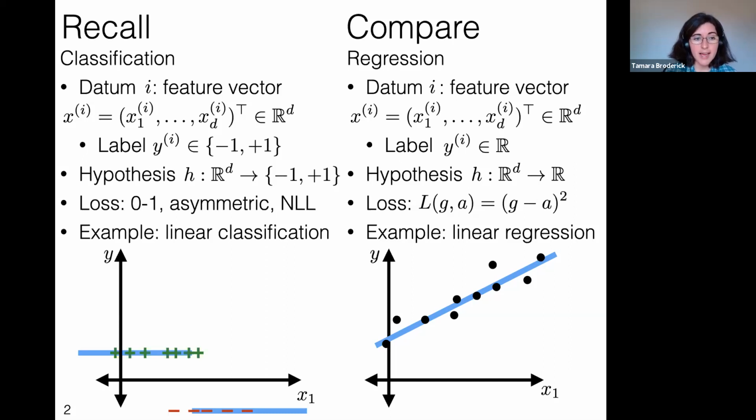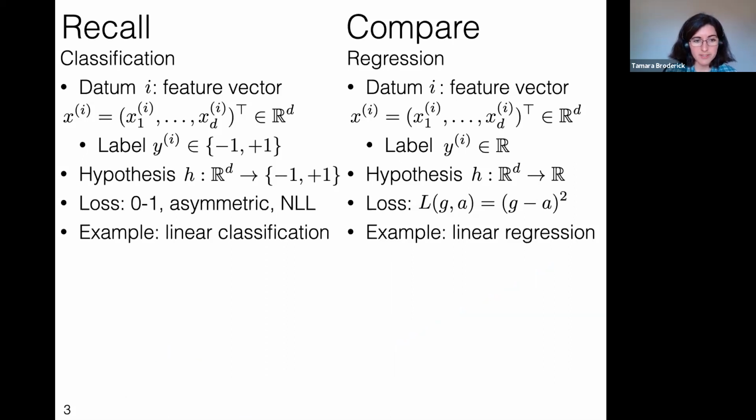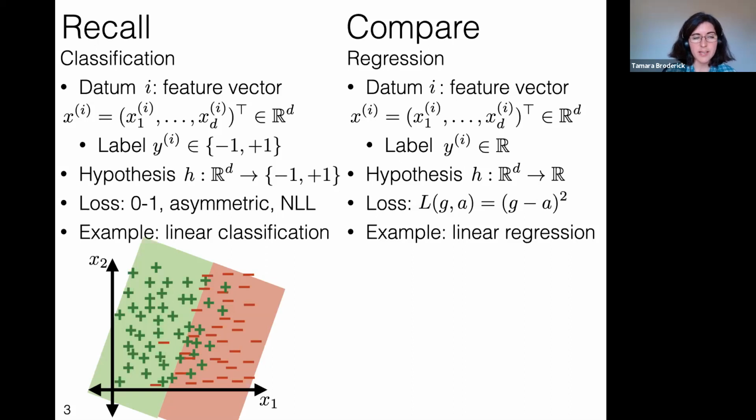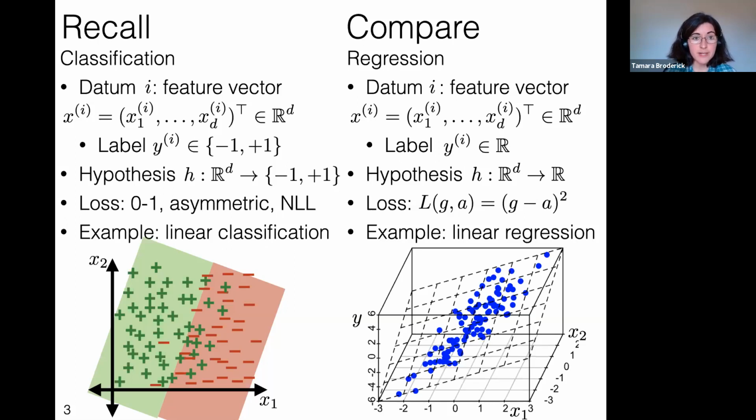Okay, and we can also do this in higher dimensions. We've certainly talked about this with classification. In classification, we could have two-dimensional features, higher dimensional features, and now our hyperplane is just dividing things in that higher dimensional space. Same thing with regression. So in regression, we can have two-dimensional features or higher dimensional features. So here's x1 and x2. And then we're going to have a hyperplane prediction over this, and that will give us our y predictions.